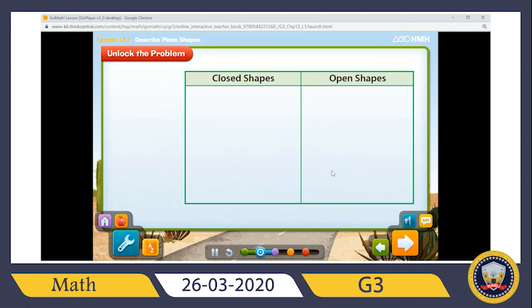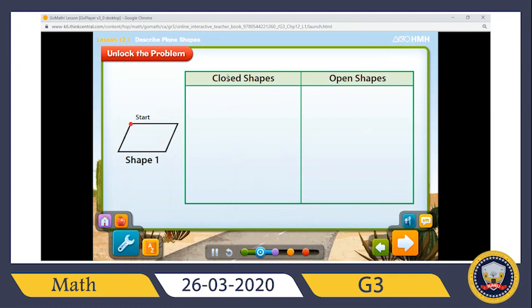Let's check the other page. Right now we will check closed shapes and open shapes. If a shape starts from a point and ends at the same point, we will say it is a closed shape. But if the start and end points are different, then it will be an open shape. Let's check shape 1. The start point is here.